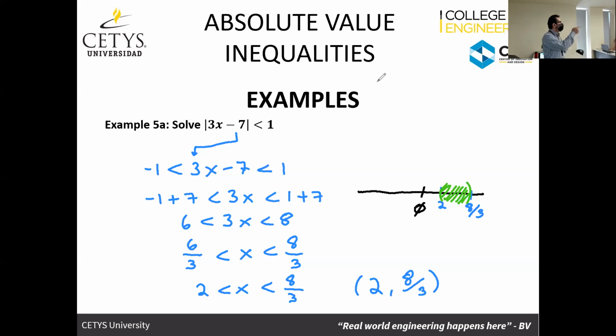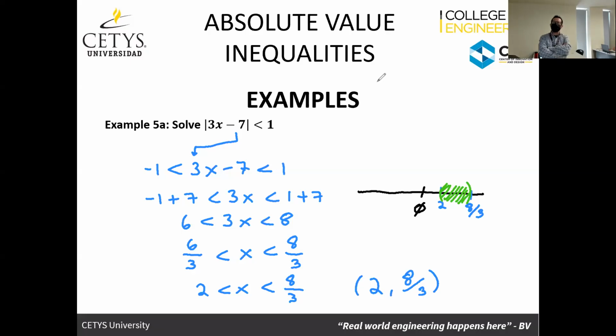Yes, go ahead. I don't know if it was an influence, but I feel like at the beginning I did 3x minus 7 equals 1. Then I did all the figures, and I had the same results, but with the signs converted.